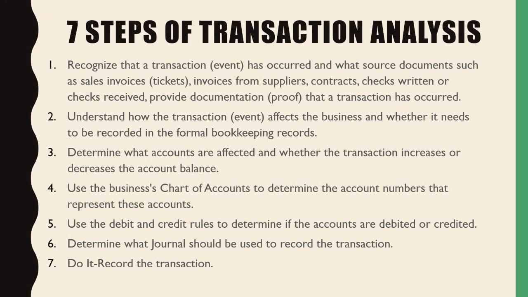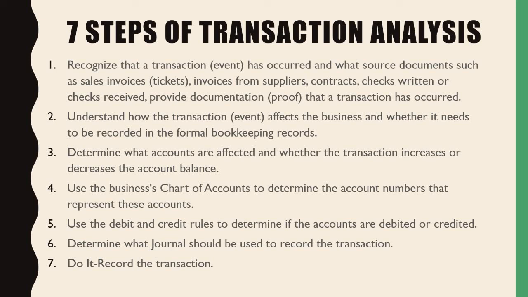And how am I going to increase my asset? I'm going to debit. Because I'm going to buy a computer, I'm increasing my asset with a debit. And when I have to pay cash, I have to decrease my asset. So I've already determined which one's going to be my debit and which one's going to be my credit.